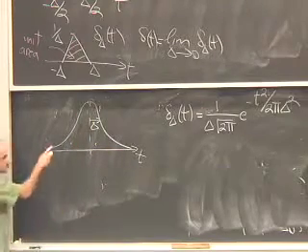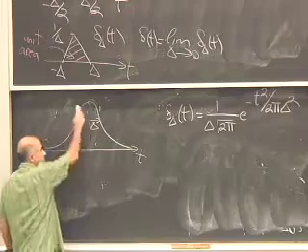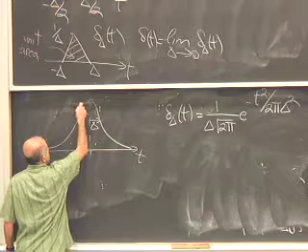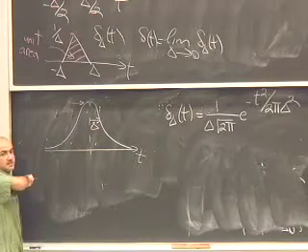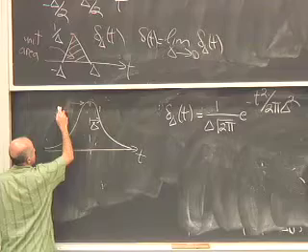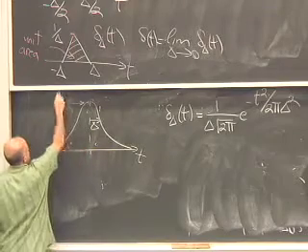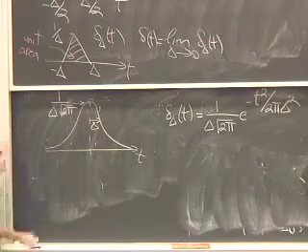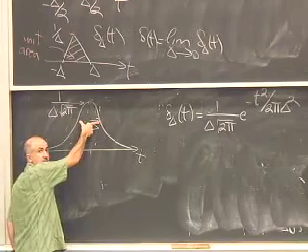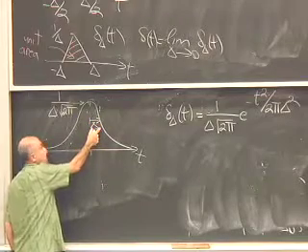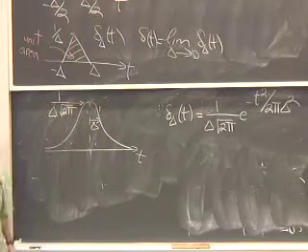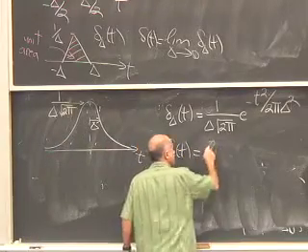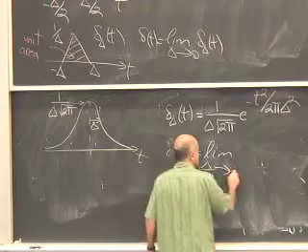It's not obvious when you look at this, but it can be proven that this has unit area. And the height at the origin is what? Plug in t equals 0. 1 over delta square root of 2 pi. So the thickness of this curve depends directly on delta, and its height depends inversely on delta. So when delta goes to 0, you can again think of this as the Dirac delta.